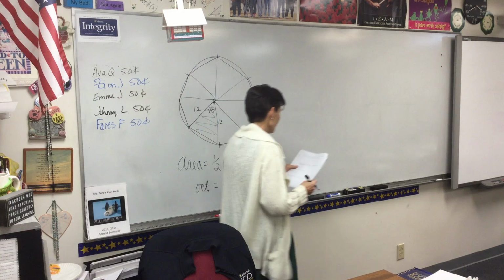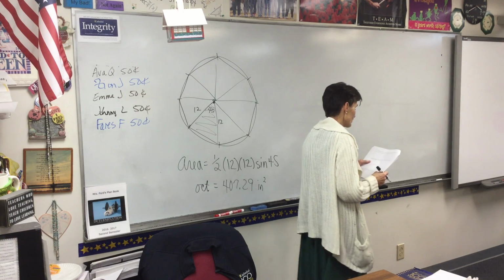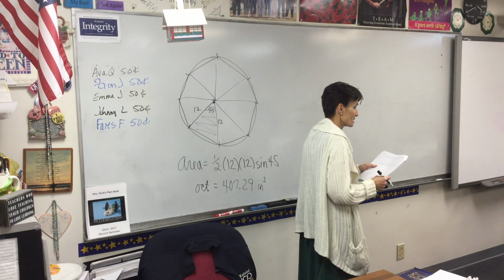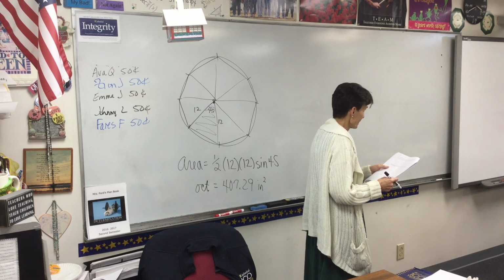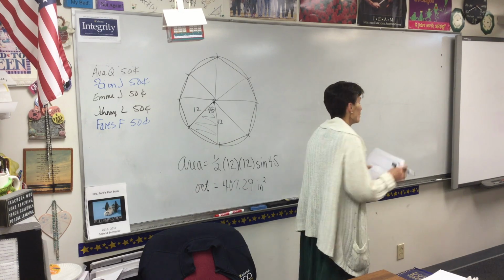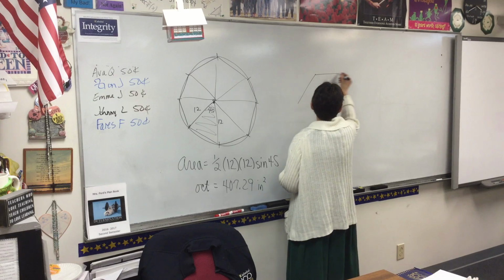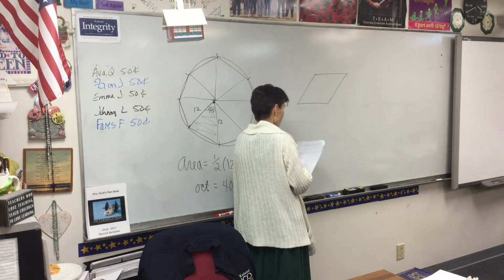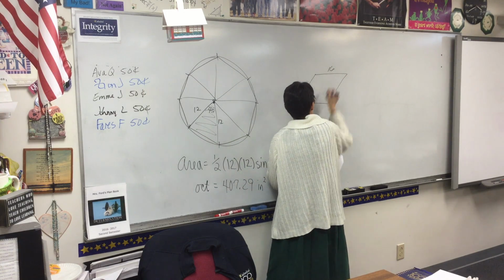All right, number 2. Find the length of the shorter diagonal of a rhombus. What's a rhombus? All sides are equal. So it's kind of like a slanted square, like that. And all the sides are 16.